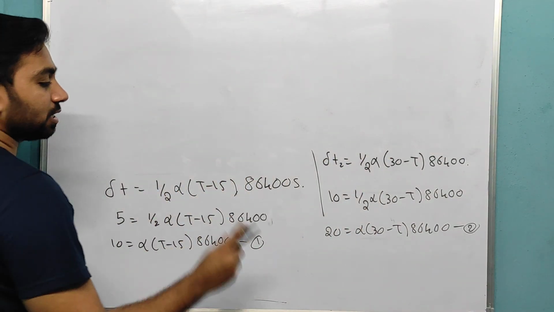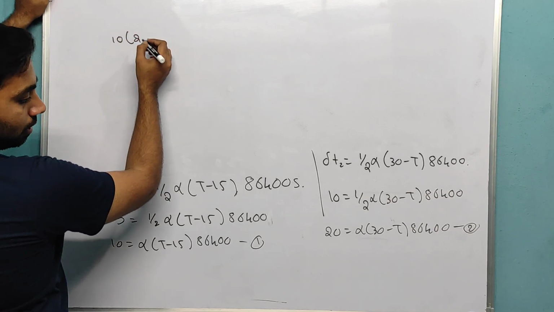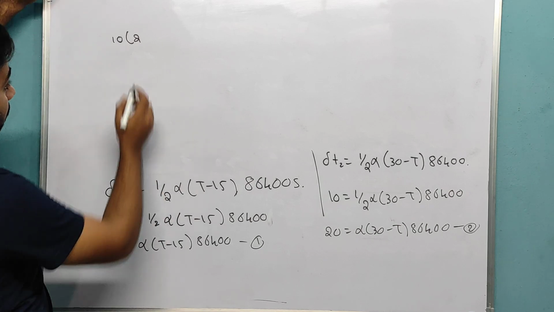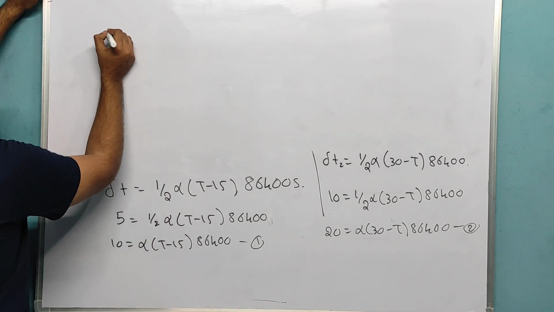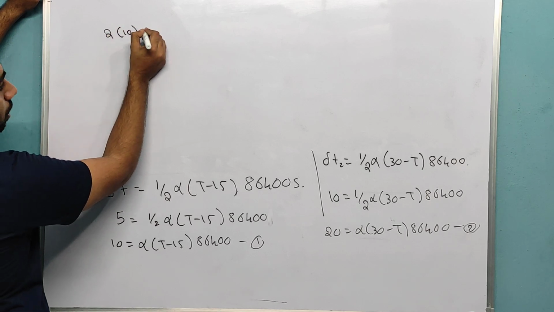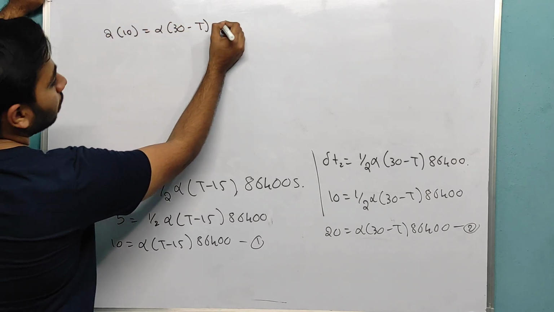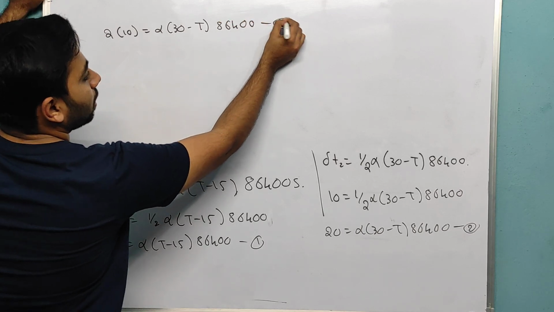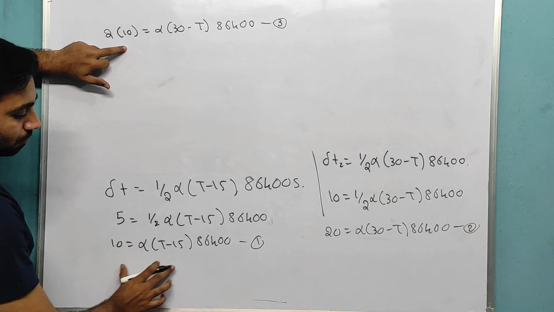Can I write the second equation like this? See, 10 into 2, 10 into 2. The second equation is 2 into 10 is equal to α (30 minus t) 86400. Okay, I will write a third equation. Now what I will do is, in the place of 10, I will substitute all this.